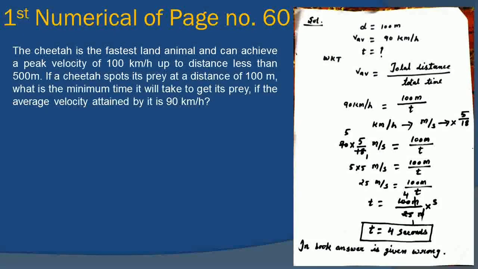So don't bother about the given answers. So here time will be 4 seconds. In the book the answer is given wrong. So suppose if you have solved this question and you got the answer as 4 seconds, your solution is correct. Clear?